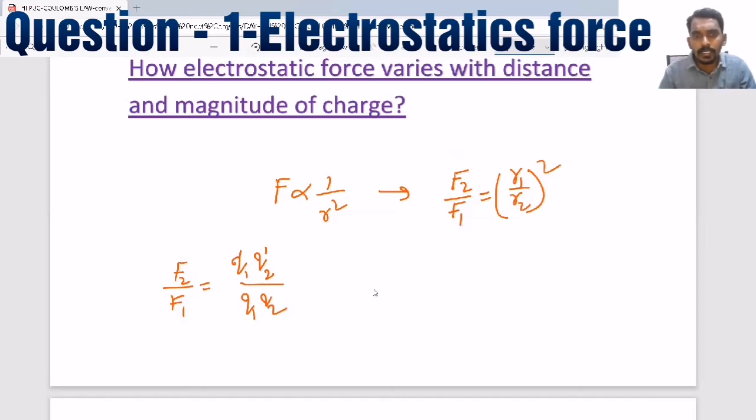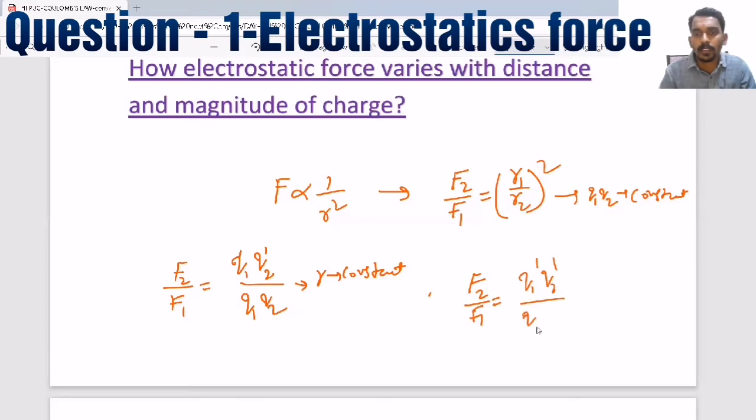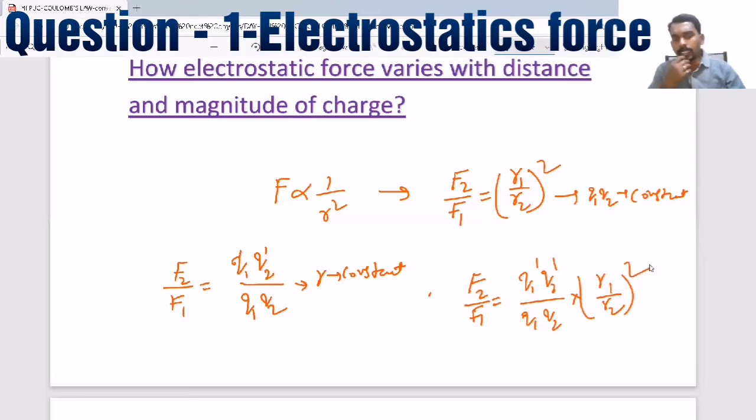If they say distance and force, this is the case where R is constant, and this is the case when Q1 Q2 is constant. If all are variable, then F2 by F1 will become Q1' Q2' by Q1 Q2 times R1 by R2 whole square. So this way comparison based questions can be asked based on this simple equation.